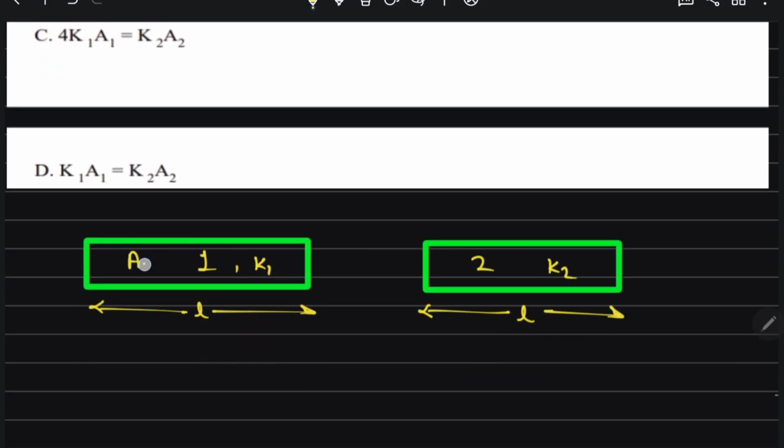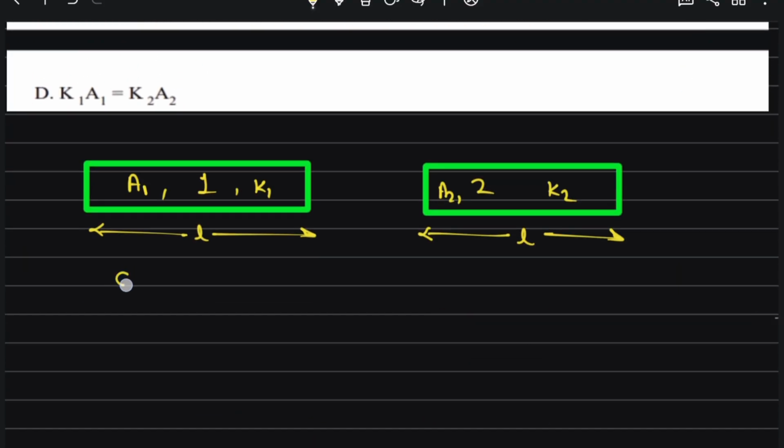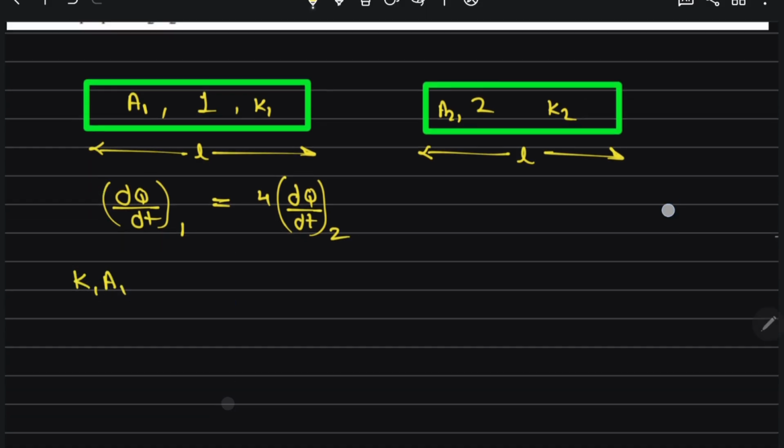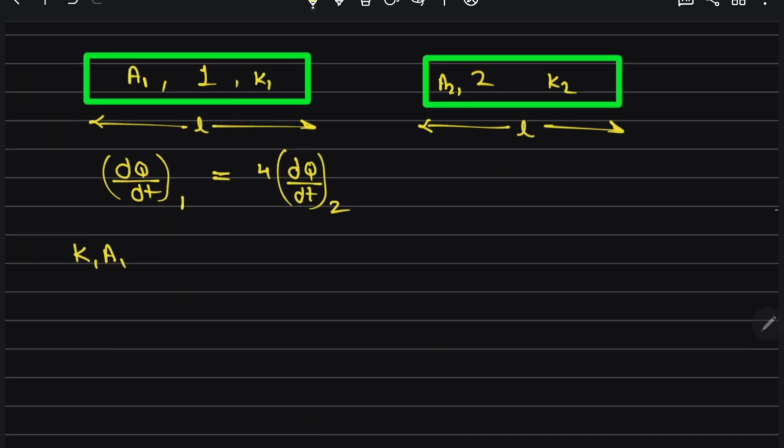Cross sectional areas are A1 and A2. If the rate of conduction of the first is 4 times the rate of conduction of the second, and their temperature difference remains the same, then K1 A1 delta theta by L is equal to 4 times K2 A2 delta theta by L. L cancels, delta theta cancels.